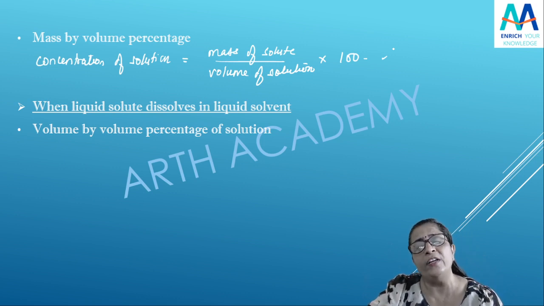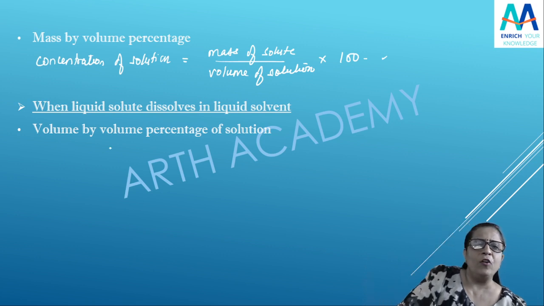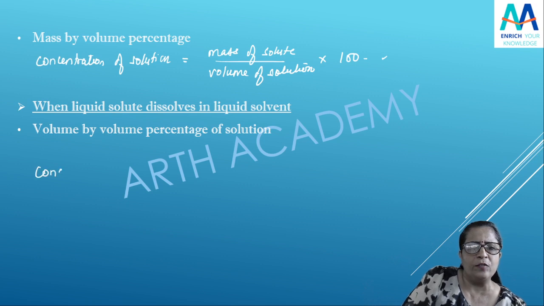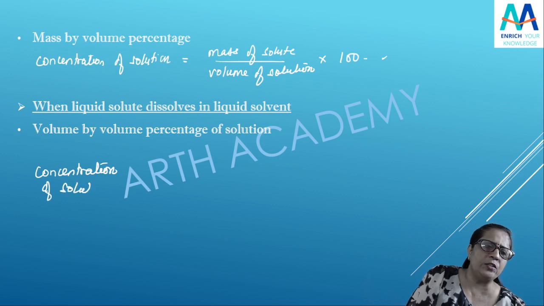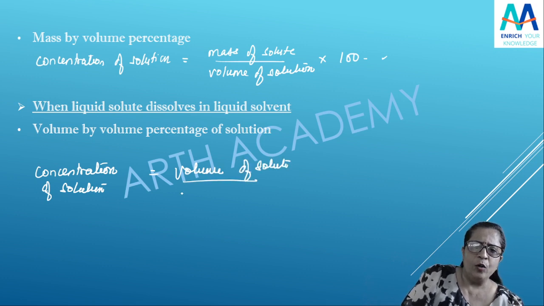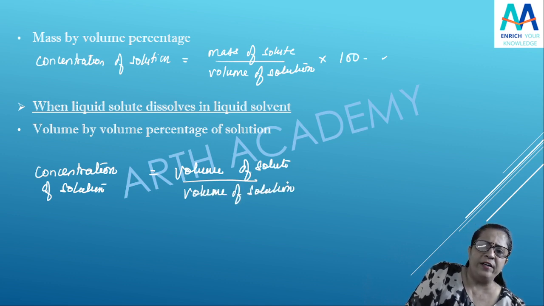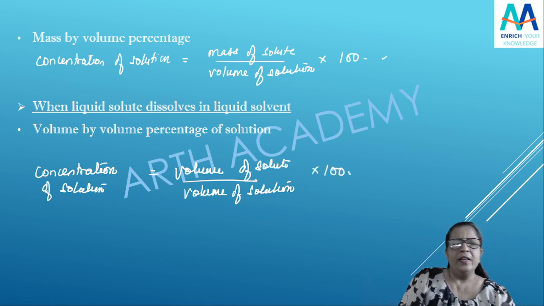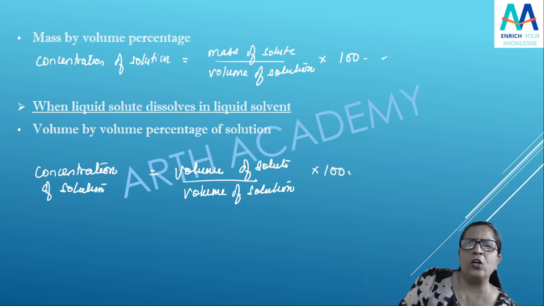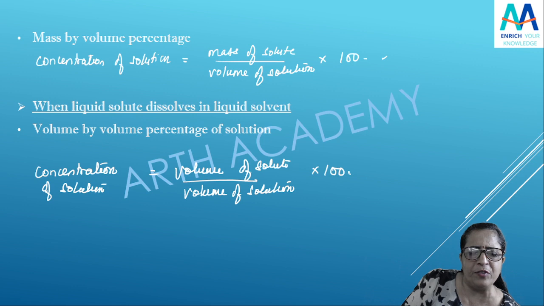At that time you will use this formula. If a liquid solute is dissolving in a liquid solvent, both are liquid, then you will use volume by volume percentage. According to this the formula is: concentration of solution equals volume of solute divided by volume of solution, multiplied by 100. This means both solute and solvent you will measure in milliliters or like that, that means we will take it in volume.